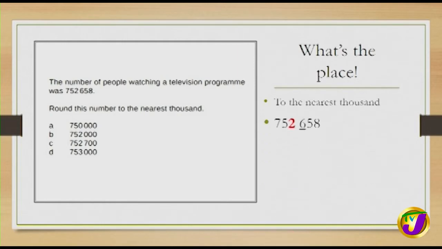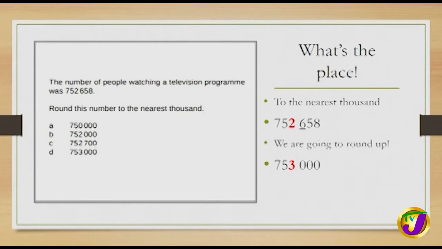All right, so we identify the 2 is in the thousand place. What digit is to the right of it? 6. 6 is greater than 5. We are going to round up, and the number becomes 753,000. So when we round off 752,658, we get 753,000. All right.